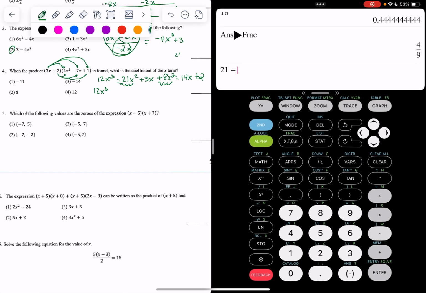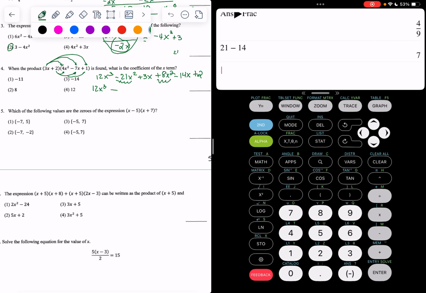I gotta make sure I don't get these things wrong, right? 7. Actually, we have minus 7x squared, right? We don't really worry about that one.